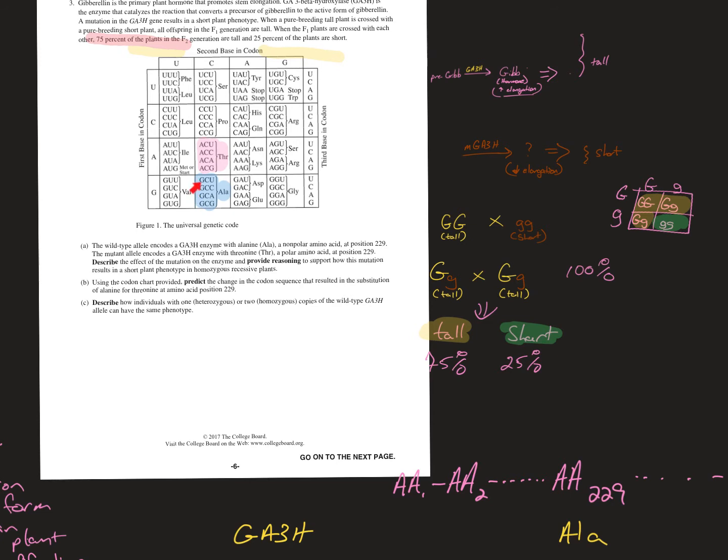If the first position goes from G to A, you go from alanine to threonine. That's it. You have a mutation in the first position of the codon from G to A. It goes from alanine to threonine. And that's all you have to say.